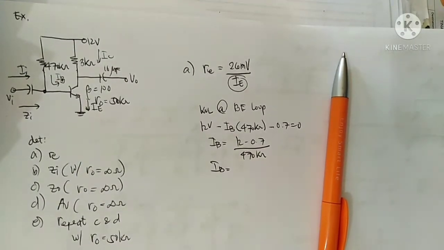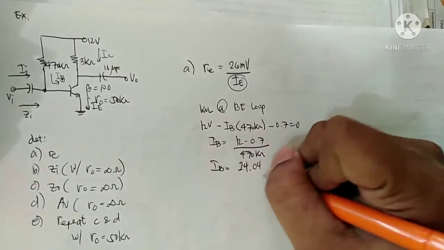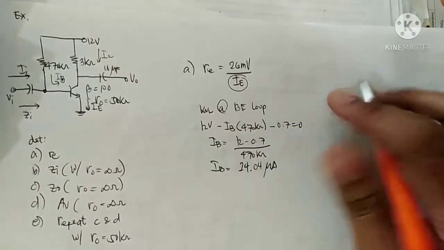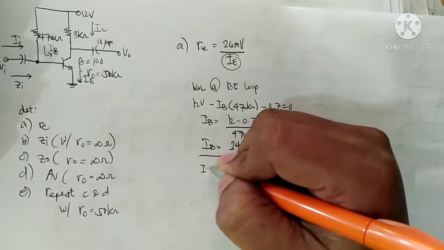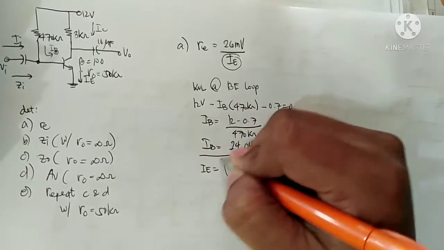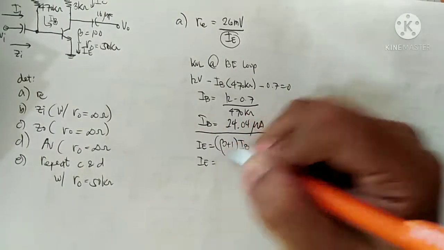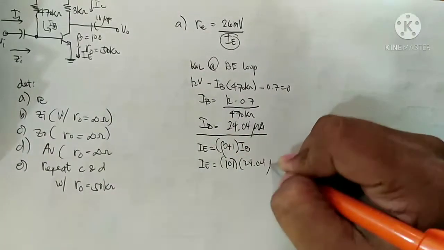So IB is calculated: 12 minus 0.7 divided by 470K is 24.04 microamperes. Remember from the previous discussion that the formula for IE is equal to beta plus 1 times IB.